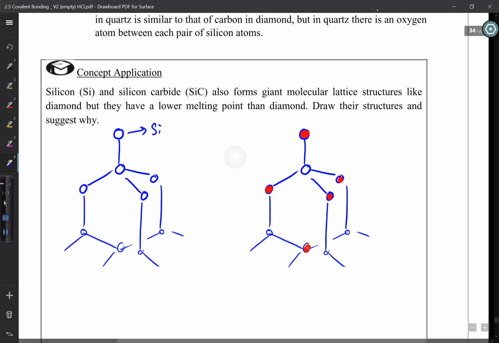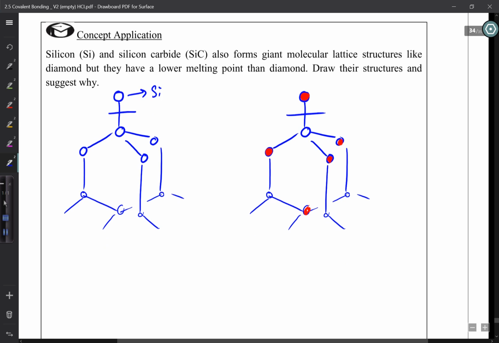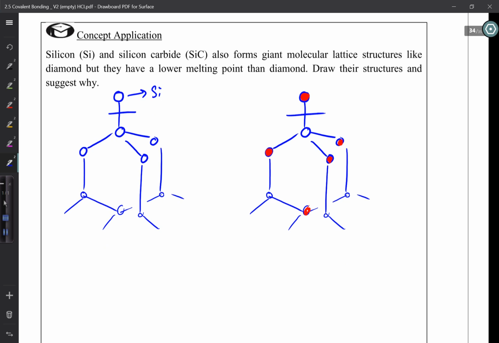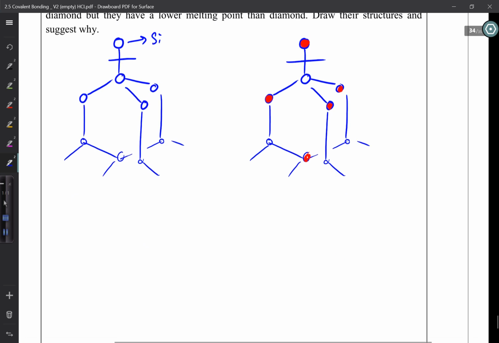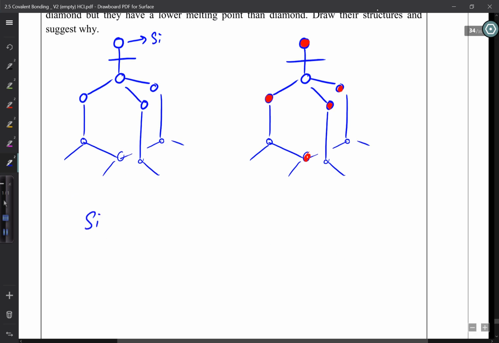So the same goes for this. You are breaking this, alright, and this. So what can you tell me about how difficult it is to break these bonds compared to diamond? Basically, you are comparing the ease of breaking a Si-Si bond for silicon versus a Si-C bond for silicon carbide versus a C-C bond, right? So which one do you think is easier to break?